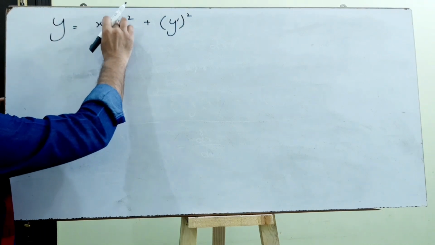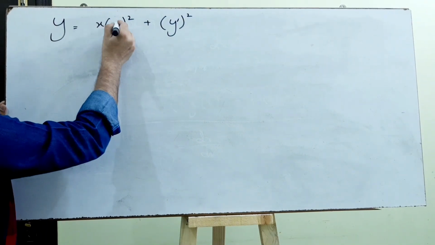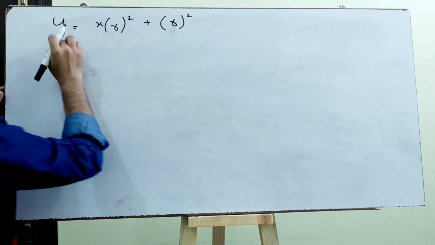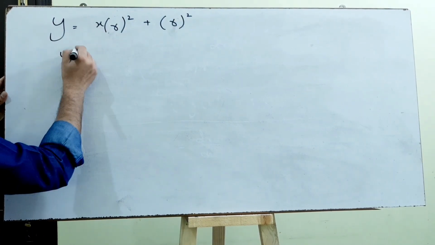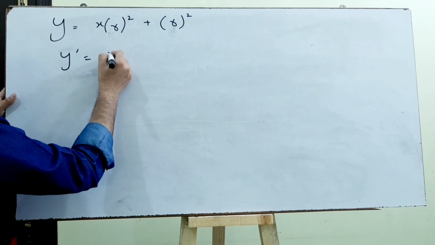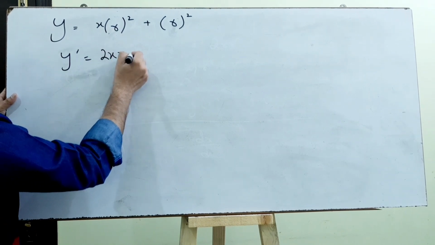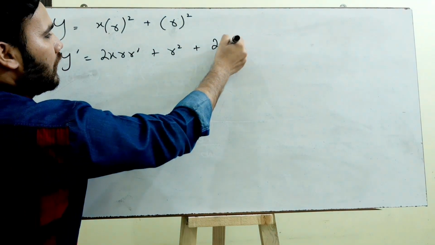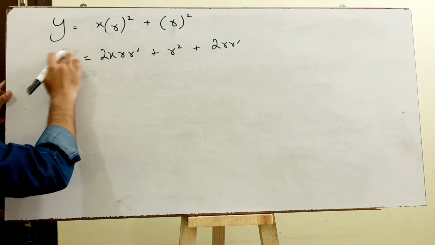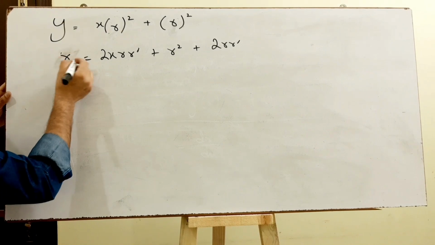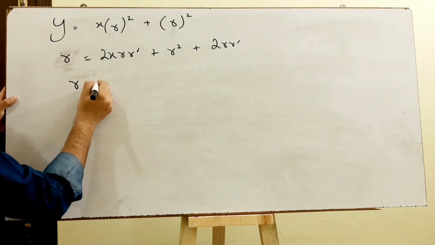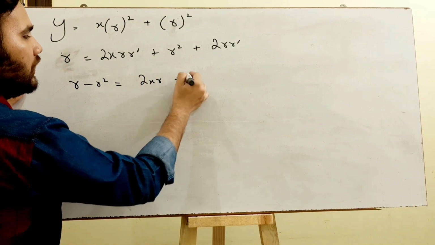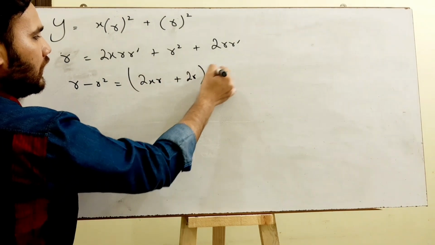First I am rewriting y prime as r from the general procedure. Now taking derivative with respect to x, this will be y prime and this will be x r prime plus r square plus 2r r prime. Now rewriting this y prime as r, so this is r minus r squared equals 2xr plus 2r and r prime.